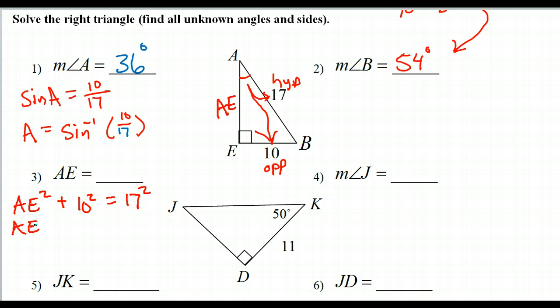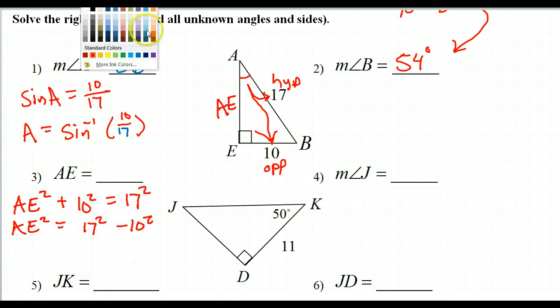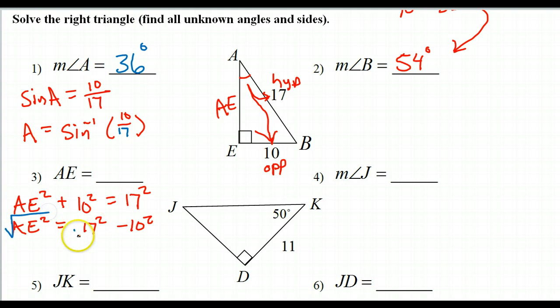That means AE squared is equal to 17 squared minus 10 squared. Take the square root. I'm just going to put that in my calculator. AE is equal to 3 radical 21, which as a decimal is about 13.7.